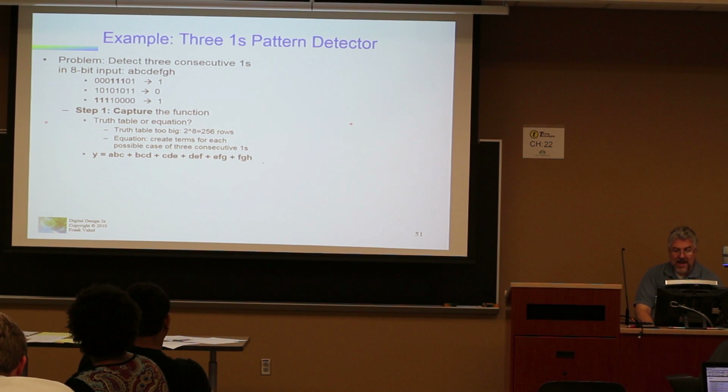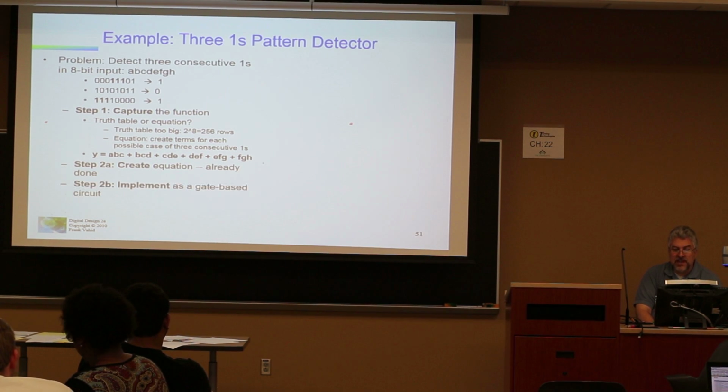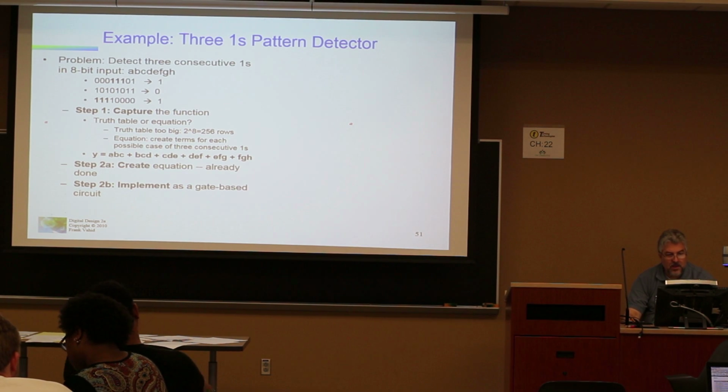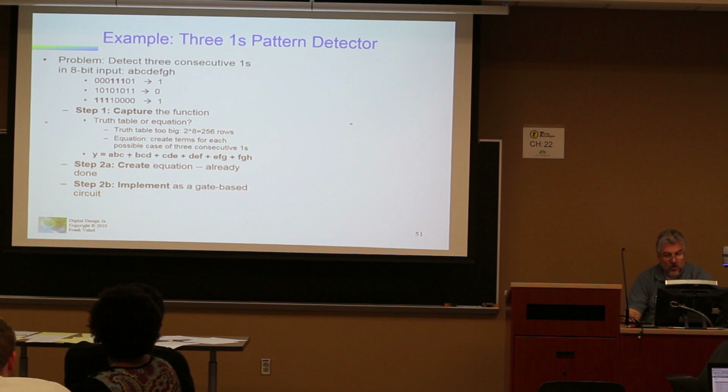So now that we know that, you can easily design your equation, already done, but now let's do it as the gate-based circuit. So obviously we have a whole bunch of 1, 1, 1, and them together with an OR gate.